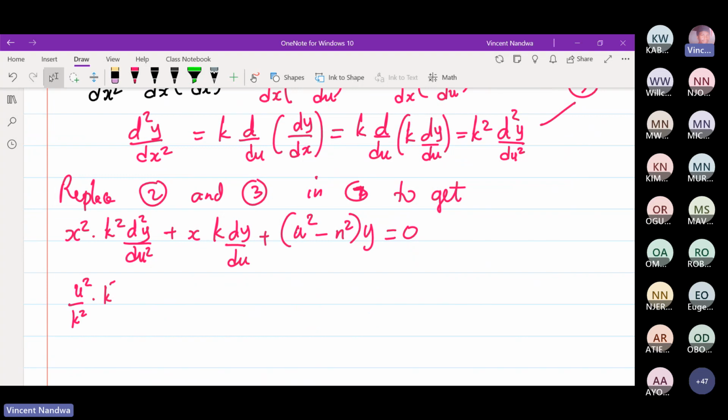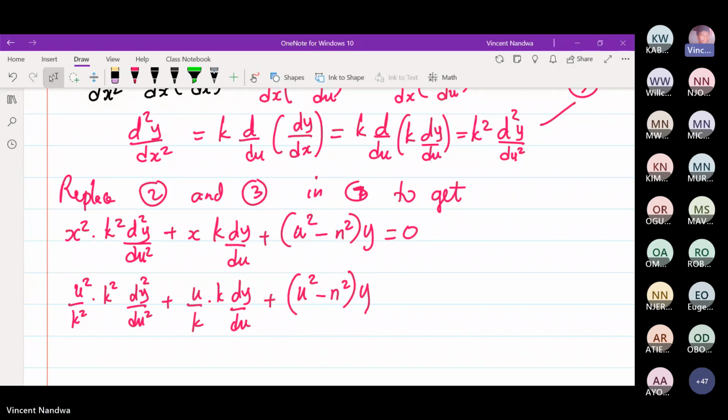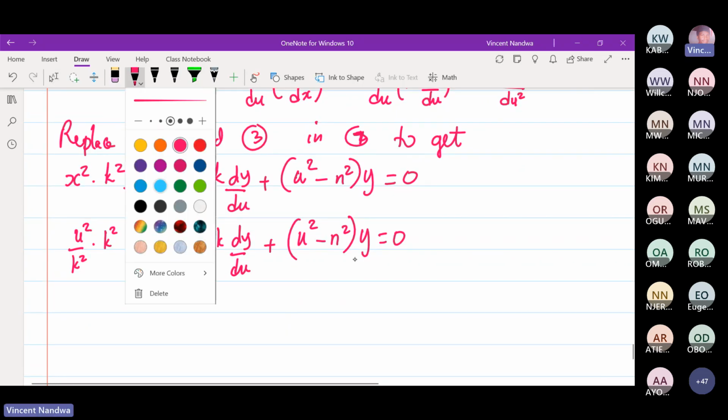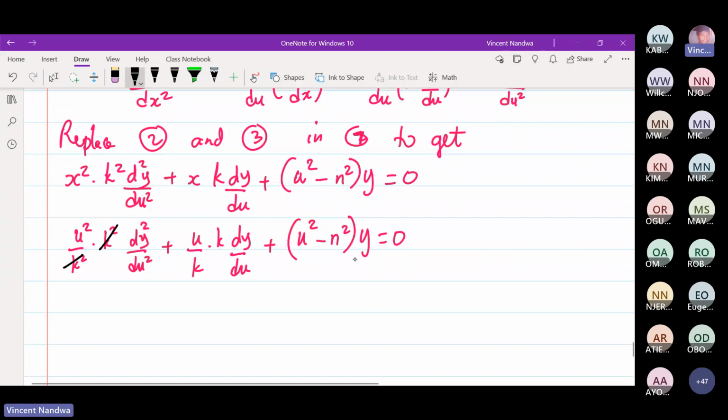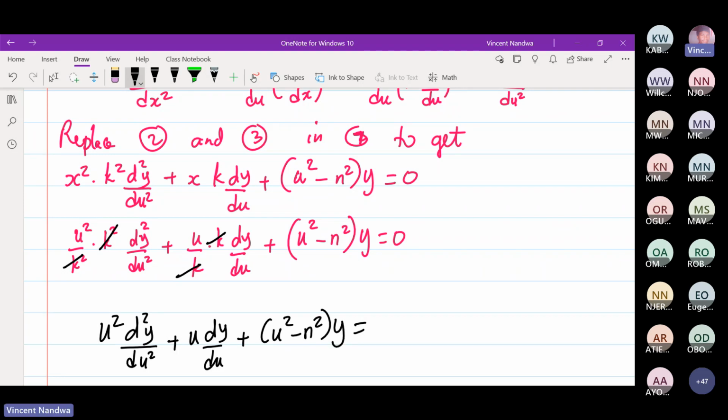I multiply by k squared d squared y du squared, plus u over k times k dy du, plus u squared minus n squared y equals 0. This allows me to cancel these terms. So I have u squared d squared y du squared plus u dy du plus u squared minus n squared y equals 0.